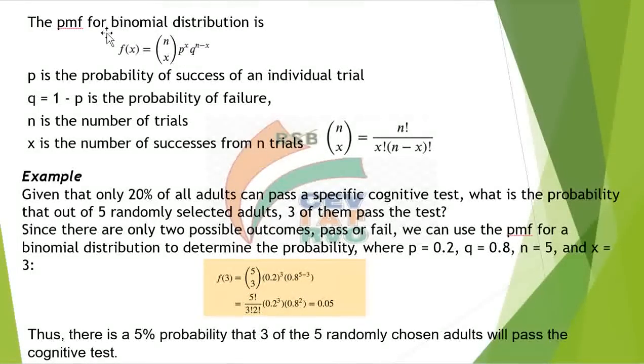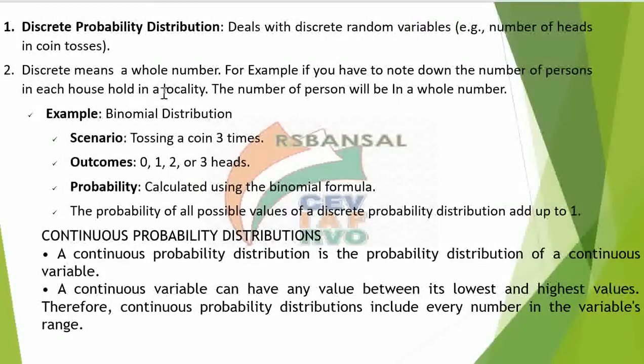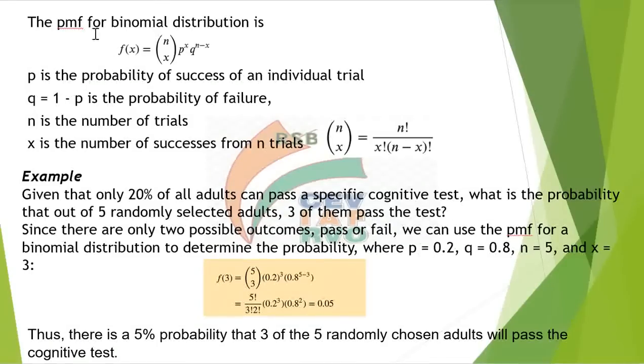First, for calculating the discrete probability distribution, we will be using this formula: f(x) = nCx p^x q^(n-x), where p is the probability of success in an individual trial, q equals 1 minus p is the probability of failure, n is the number of trials, and x is the number of successes from n trials. In this formula, nCx is not n upon x.